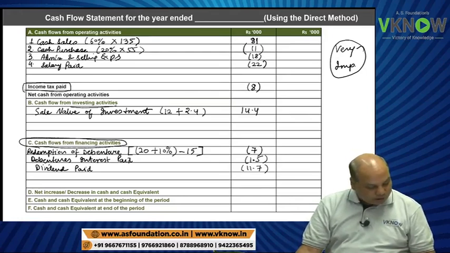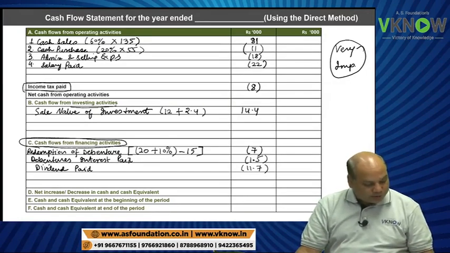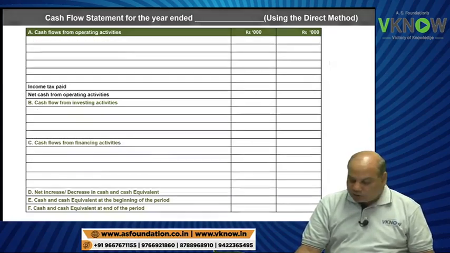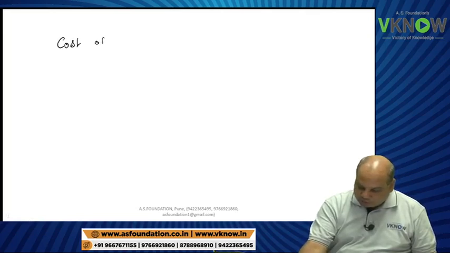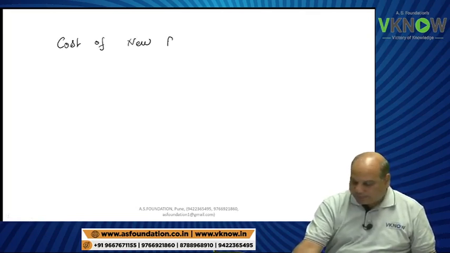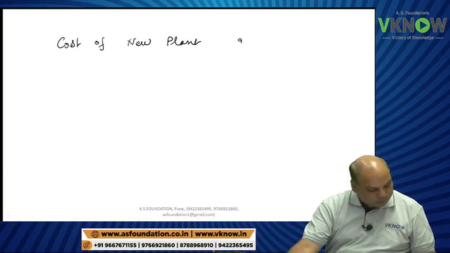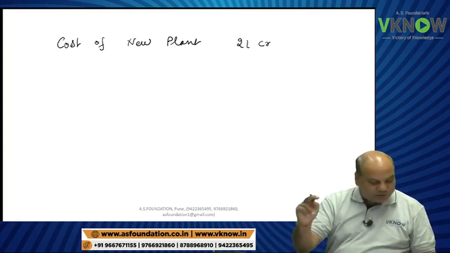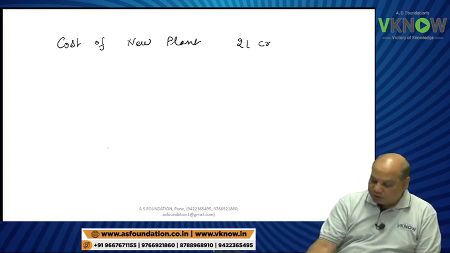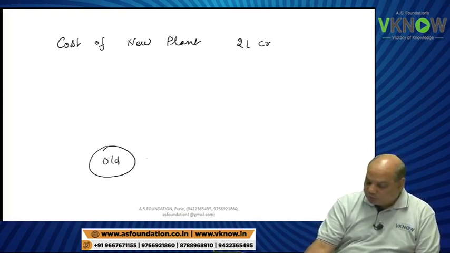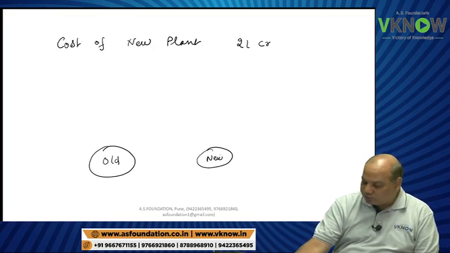Point number 8, a new plant costing rupees 21 crore. What is the cost of this new plant? 21 crore, was purchased in part exchange of an old plant. So this is an exchange of old and new.